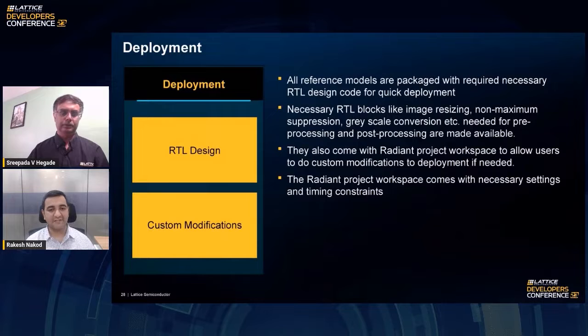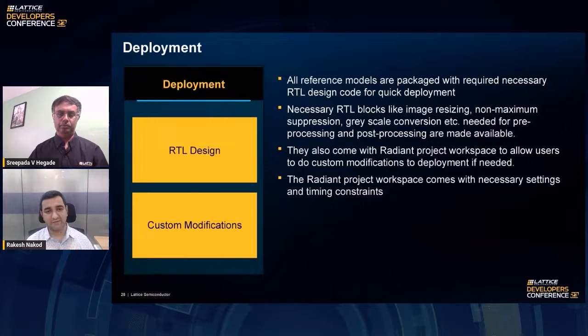Now finally we come to the last stage, that is deployment. All these reference models come with RTL design code for quick deployment, so you don't have to do all the RTL design and coding of the models to be deployed. The reference design comes with all the necessary blocks, like image resizing, non-maximum suppression, grayscale, and more.